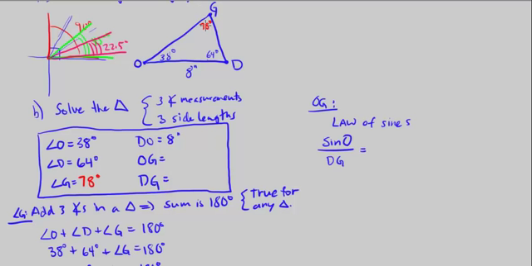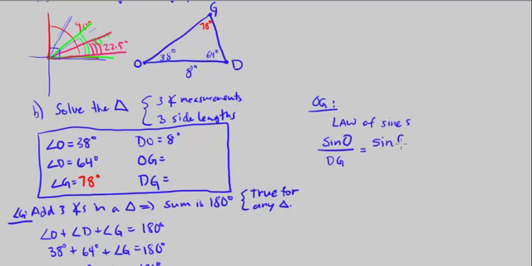So for any triangle, all of these ratios are going to be equal to each other. Okay, for this specific triangle, right? It's only for this triangle, but it's true for every triangle that if you look at the sine of an angle divided by the opposite side, it's equal to the sine of the other angles divided by their opposite sides.